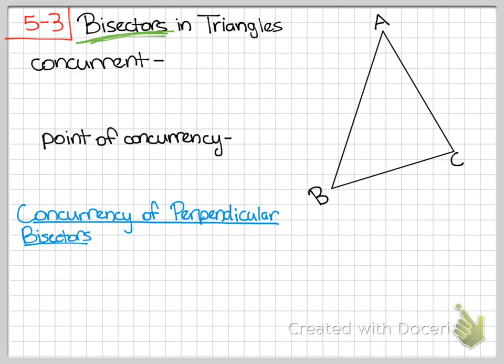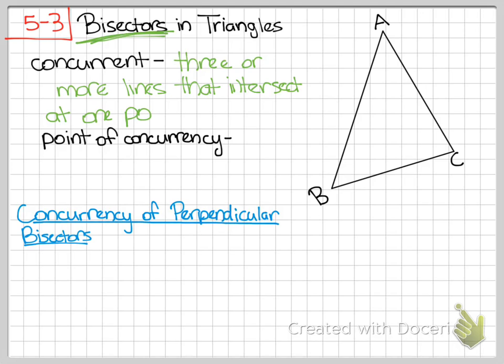The first thing before we get into that is I need to define a few words for you. The first one is concurrent. What concurrent means is three or more lines that intersect at one point.